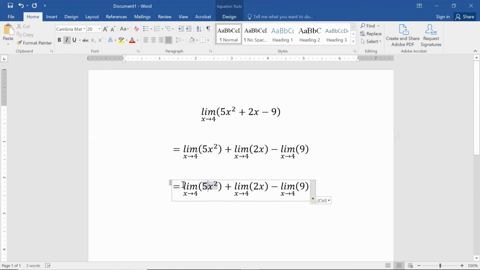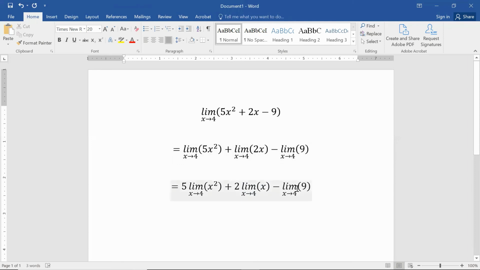So what I could do is pull that 5 out front. And in the middle term, I could pull the 2 out front. Okay. I'll come back to this limit of 9. Don't worry about the coefficient there.